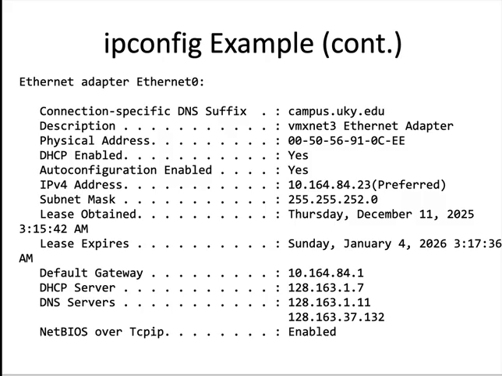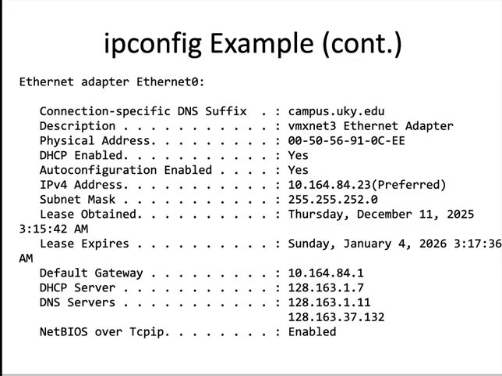Now, here's a continuation. It was too long to get on one slide. So here's the stuff we really care about. Notice they call the physical address the name they use for MAC address. This machine is using DHCP. There's its IP version 4 address. There's its subnet mask.